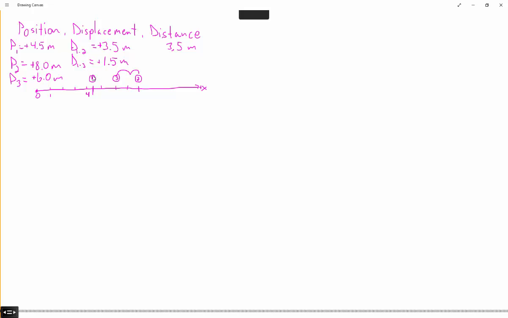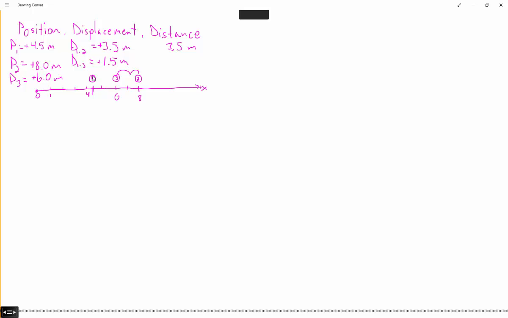However, now the distance takes everything into consideration. So the distance would be from 4.5 to, what was this, 8? And then back to 6. So we would go from 4.5 to 8, which was my 3.5, and then add 2.